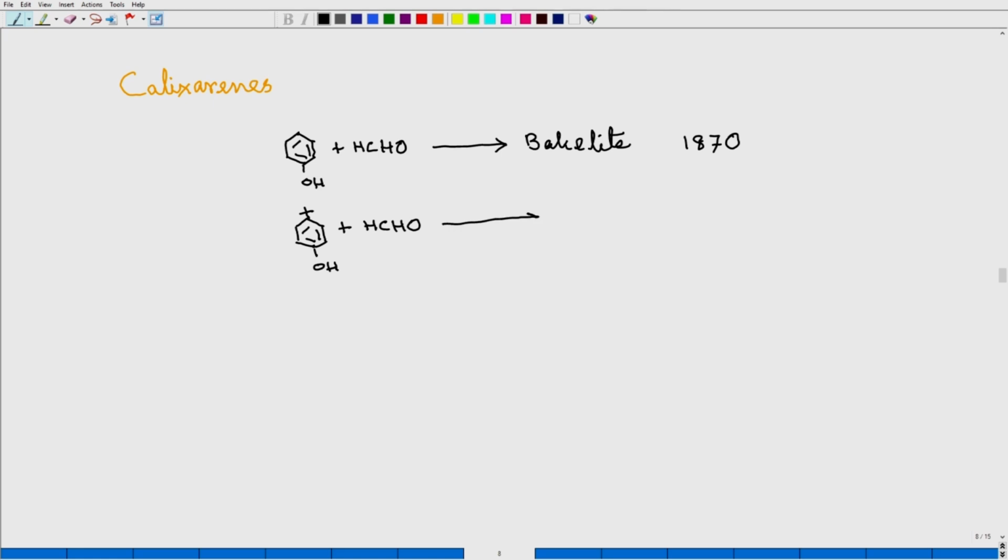in some neutral solvent. They used linseed oil as the solvent at 200 degrees Celsius for several hours.